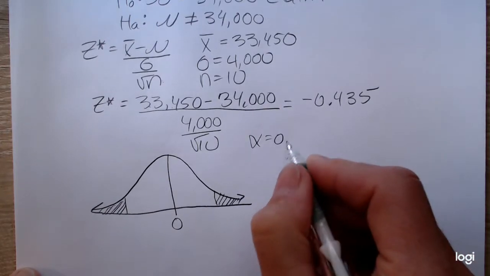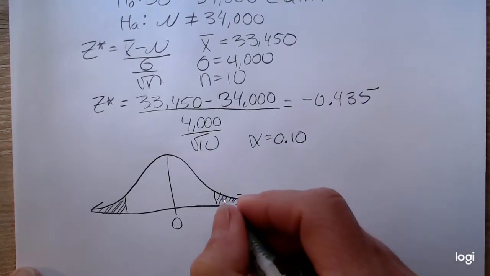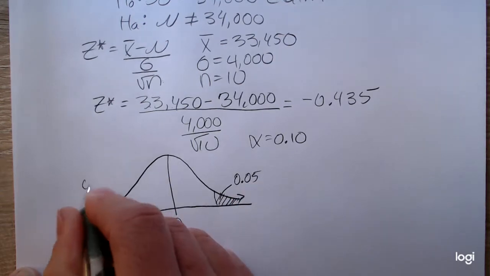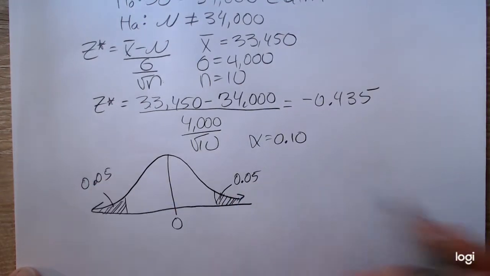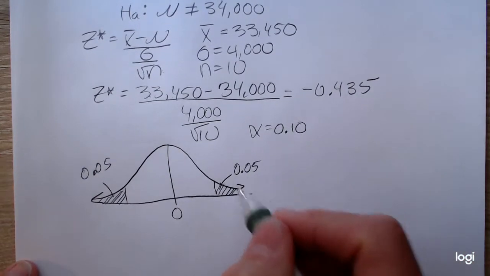So alpha is given as 0.10, and our level of significance is an area, or a probability. So that means I'm going to have 0.05 amount of area in each tail of rejection, because 0.10 divided by 2 is 0.05.